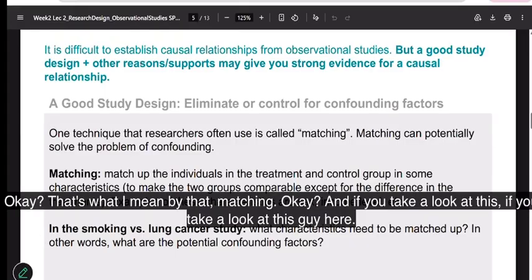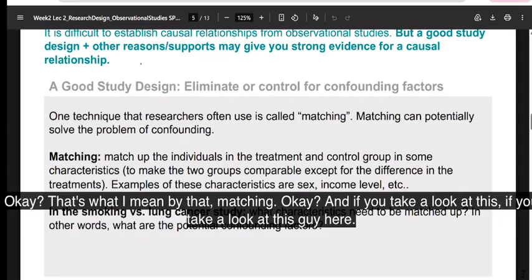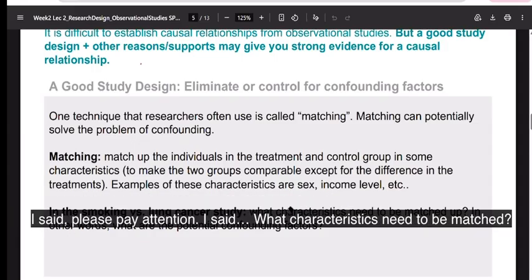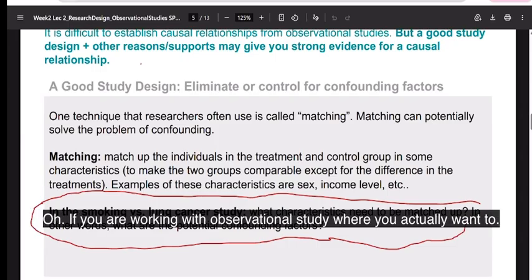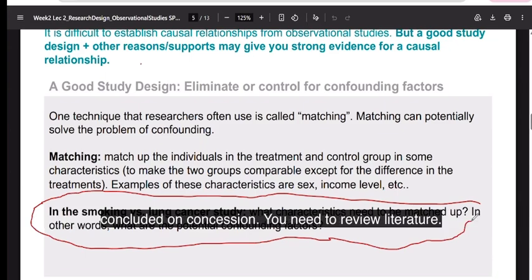If you take a look at this, please pay attention. What characteristics need to be matched up? If you are working with an observational study where you want to conclude on causation, you need to review literature to know what the possible variables are that may be influencing your variables.